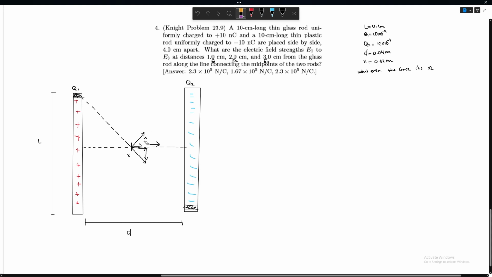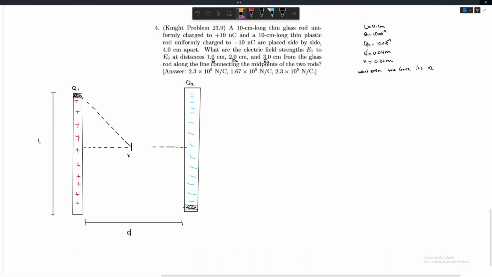So the Y actually doesn't matter. Only the X's matter, right? And so that's my first statement, is that only EX matters. But we only check that for my red rod.